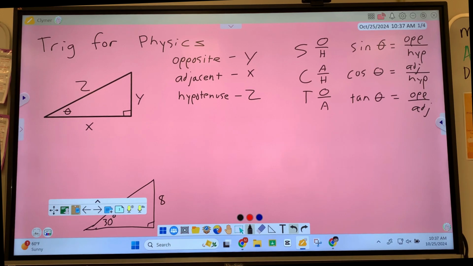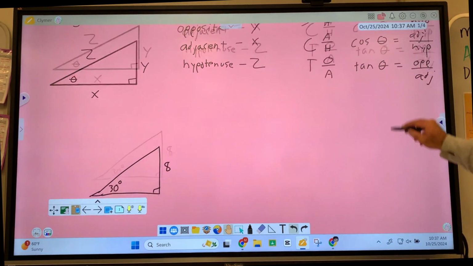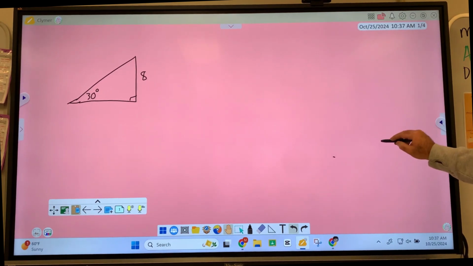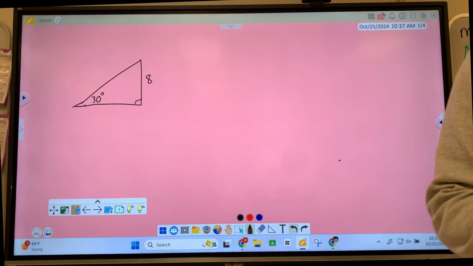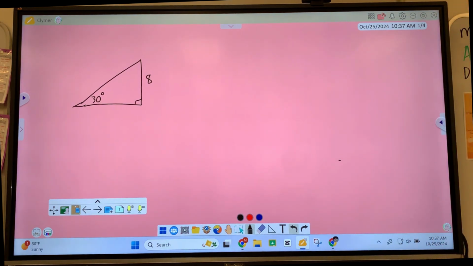So let's practice. Let's actually do a problem with this. Here we have a triangle, and we have an angle listed here, and we have the length of one of the legs listed. And this is the beauty of trigonometry. Using those identities, the sine, cosine, and tangent, we can solve for the rest of the sides of this triangle.